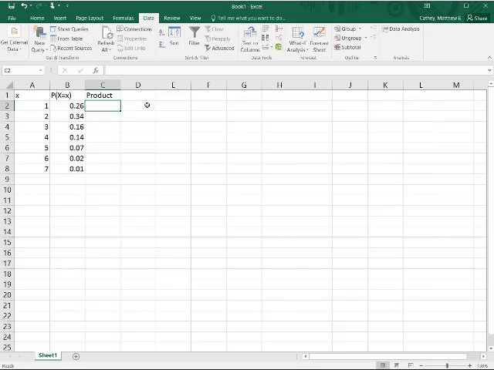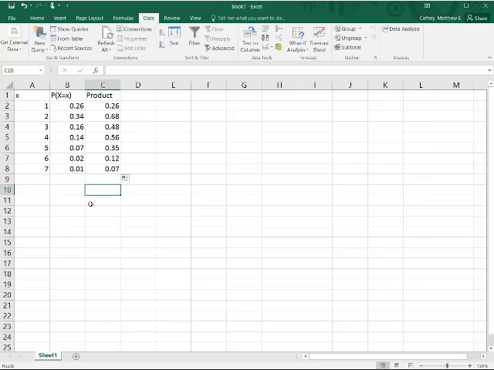This is going to be a formula, so I'm going to start it with equals. It's going to be equal to the X value I'm interested in, right over to the side. I'll push the star key for times. I want to multiply it by the probability. I'll push Enter. Now I've got the product there. I'm going to use my fill down tool to copy that formula and paste it all the way down.